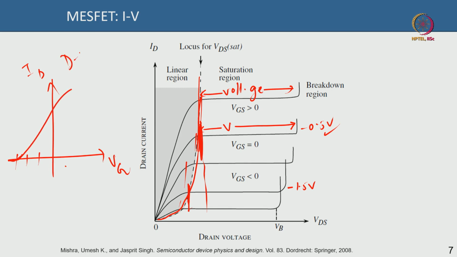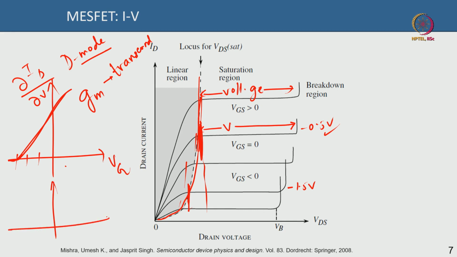So, these are depletion mode devices because you have to apply negative voltage to turn the channel off. The derivative of this current with respect to voltage is called the GM, also called transconductance, and this transconductance is an extremely critical figure for microwave application. It typically looks like this, GM, like that.